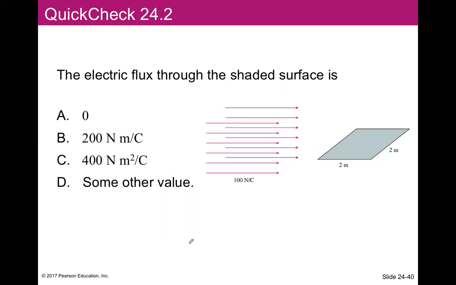So there are some simple calculations. Let's say you have an electric field going to the right, and you have a plane which is parallel to your electric field, then what's the flux?